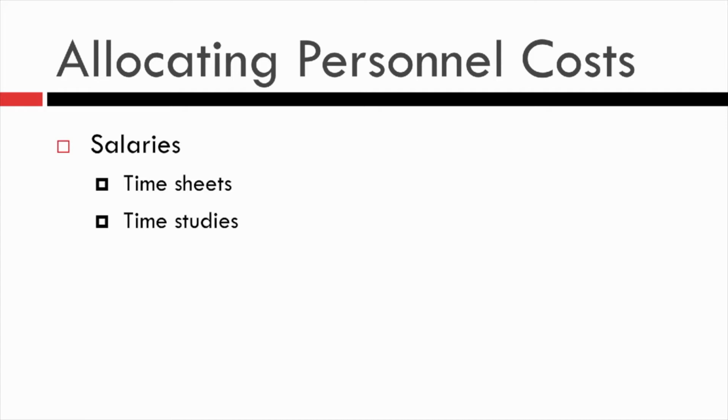What you would do with that is take that person's salary for the entire year and apply those broad percentages based off of the time study. And so for their $40,000 salary, you would apply 60% to program, 20% to admin and management, and 20% to fundraising and development.